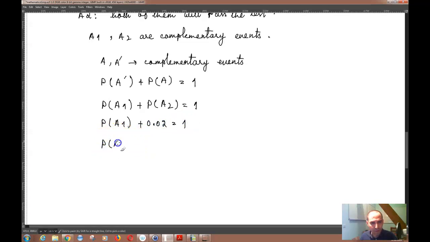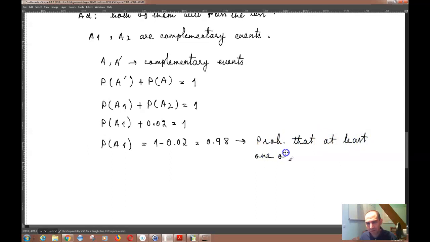So P of A1 is equal to 1 minus 0.02, which is equal to 0.98. And that is the probability that at least one of them will not pass the test.